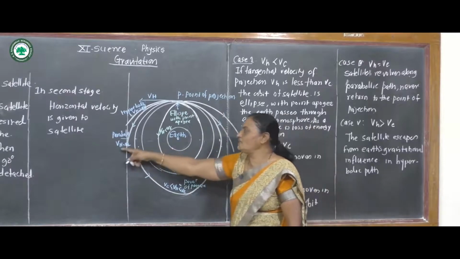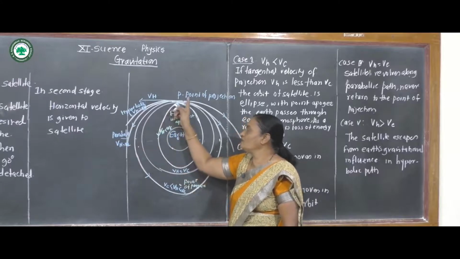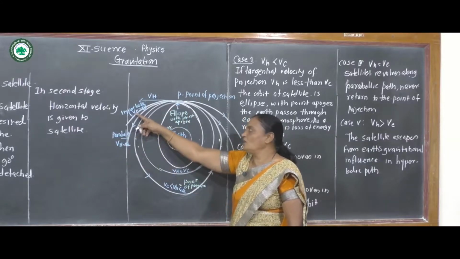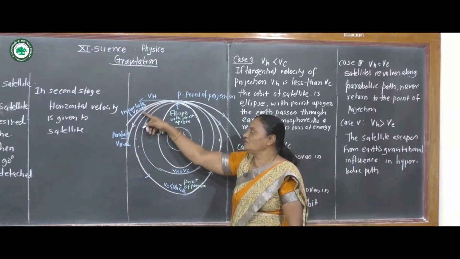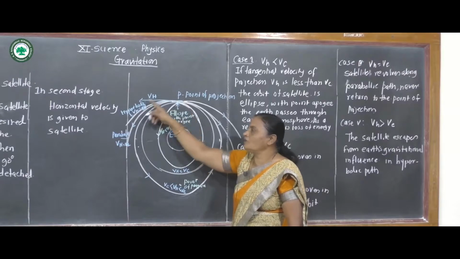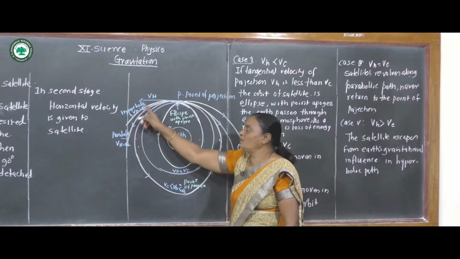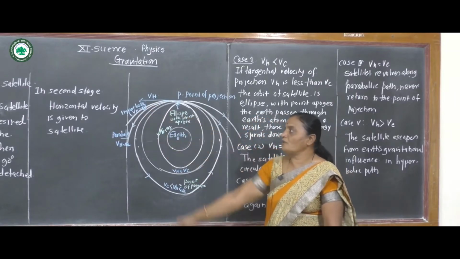When the horizontal velocity is equal to escape velocity, the satellite moves in a parabolic path. And when the horizontal velocity is greater than escape velocity, the satellite travels along a hyperbolic path. This is all about the projection of satellite.